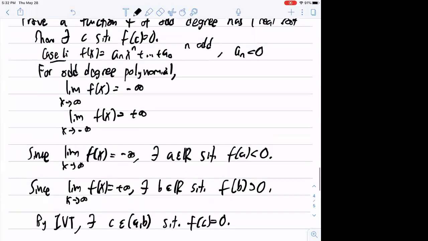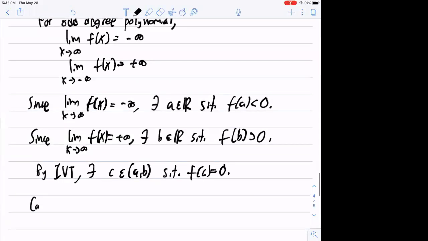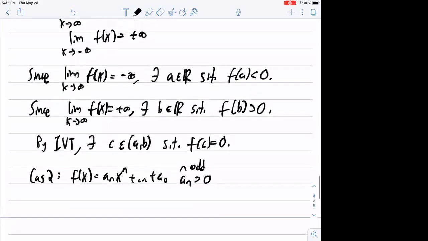Yeah, and hopefully the second case is clear, right? So it's when your constant term is positive, but it's the same idea, right? So n is odd, and this time a_n is bigger than 0. So without loss of generality, a_n is not 0 because you always write the leading term, right?